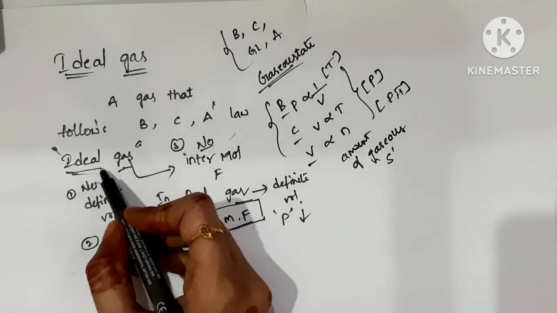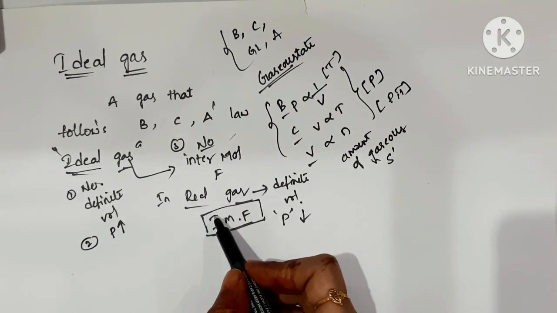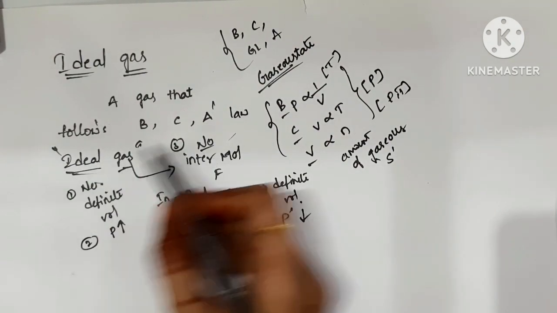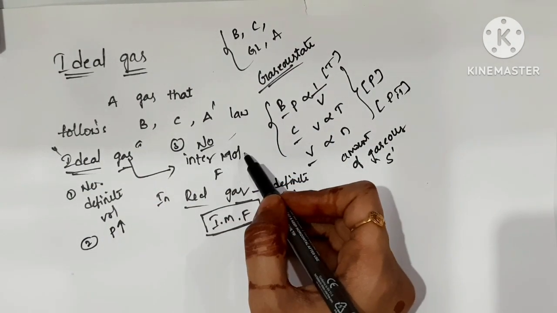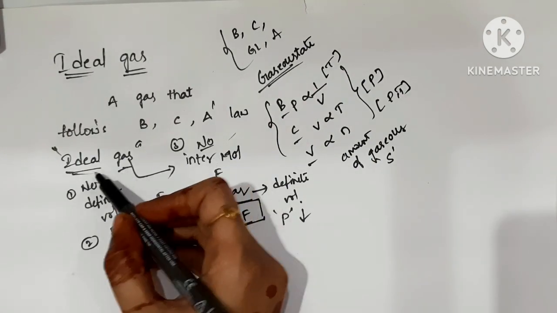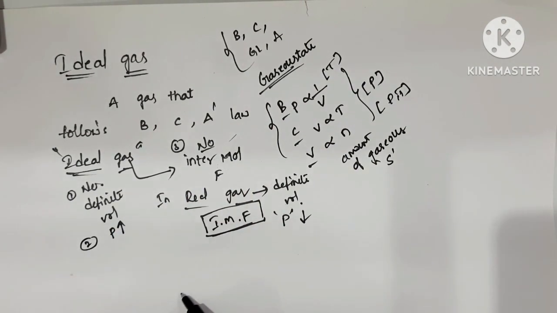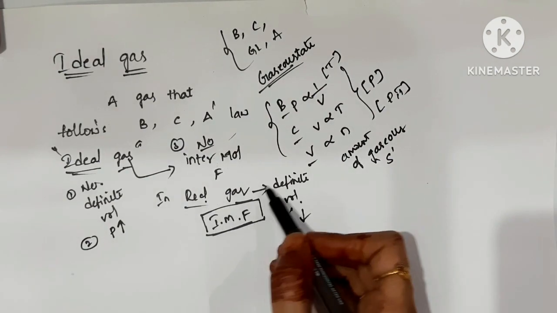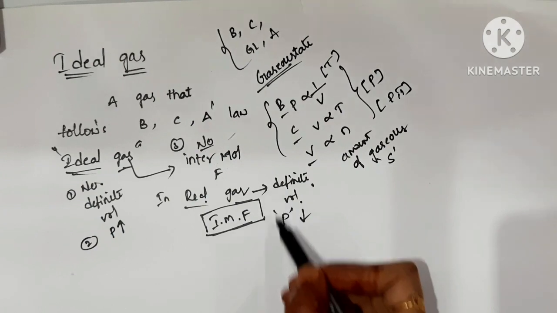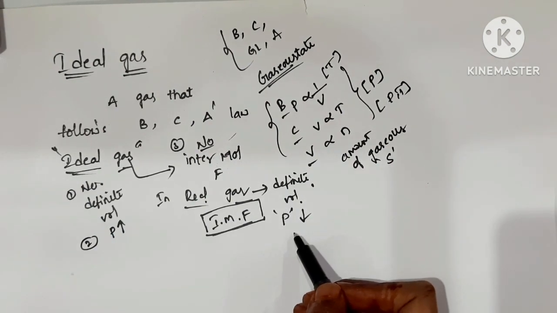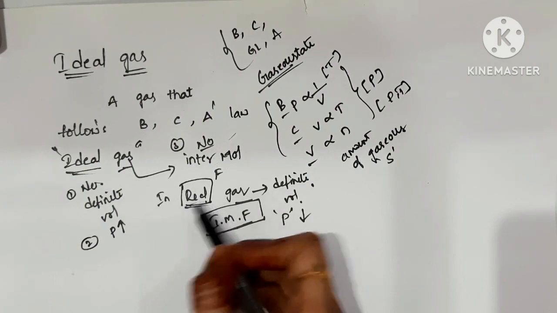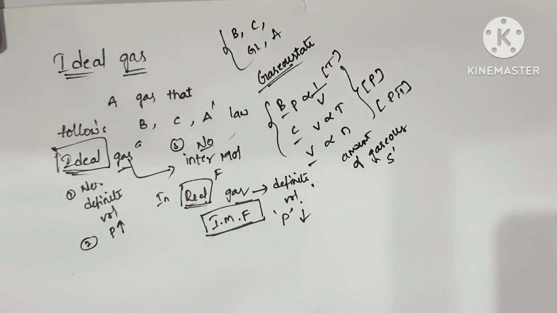This is the difference between ideal gas and real gas. In an ideal gas there are no intermolecular forces, no definite volumes, and pressure is very high. Whereas a real gas has definite volumes, intermolecular forces are present, and pressure is less. This is the big difference between real gas and ideal gas.